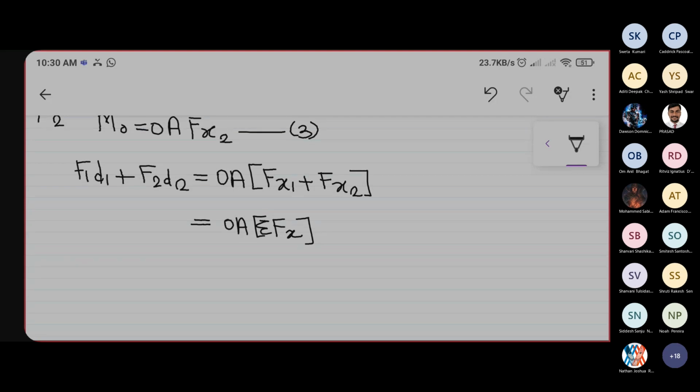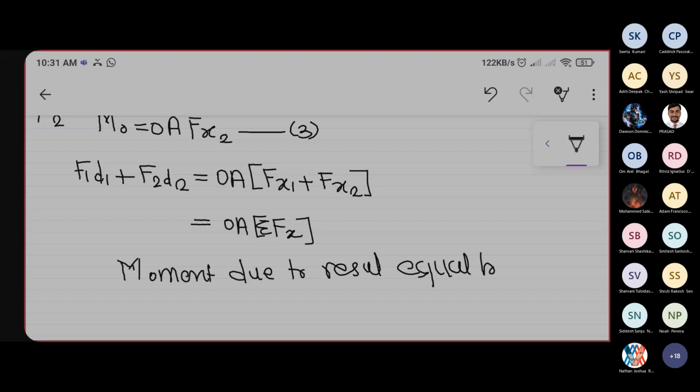According to Varignon's theorem. Varignon's theorem states that moment due to resultant is equal to moment due to its components.